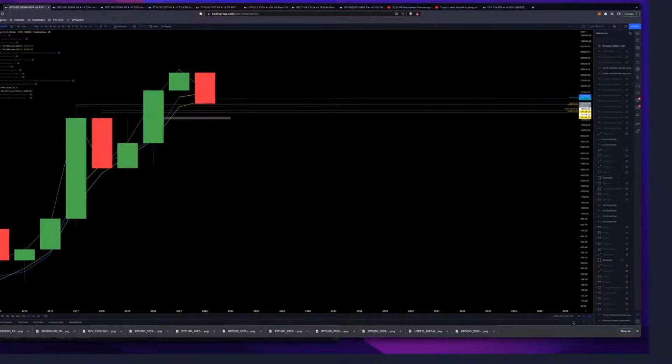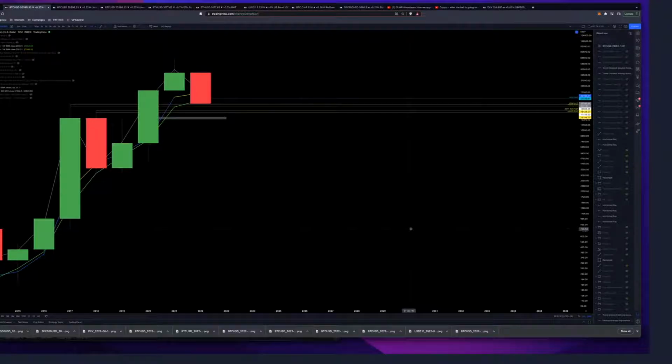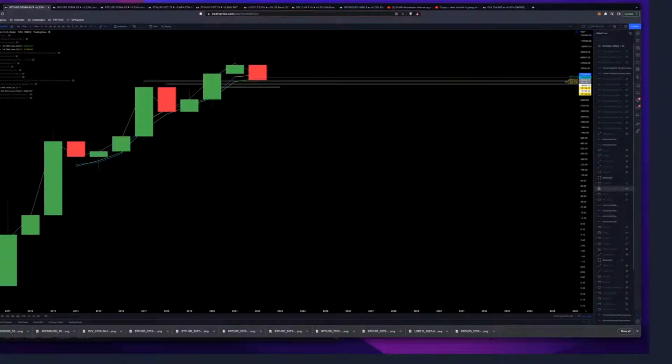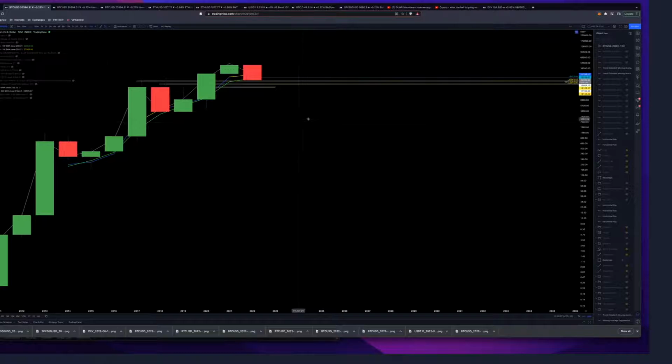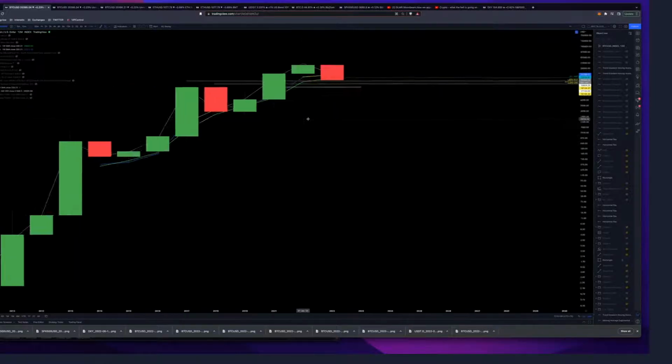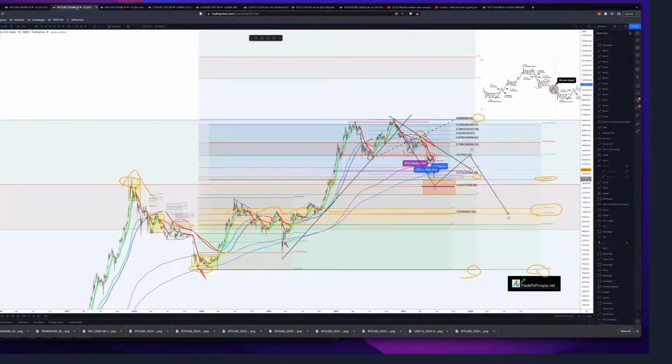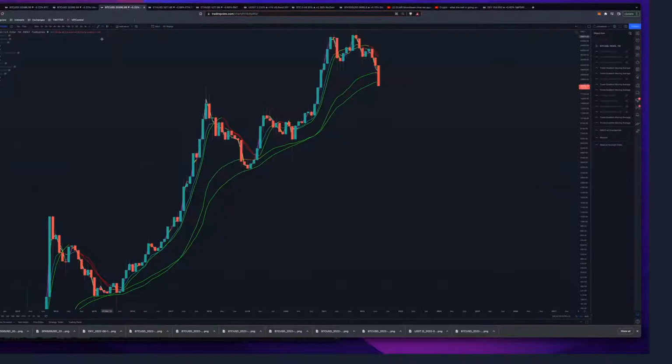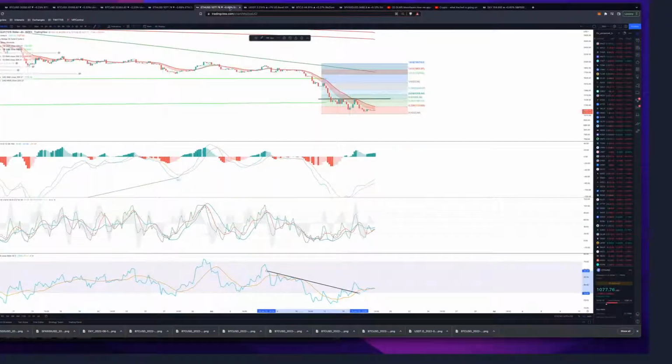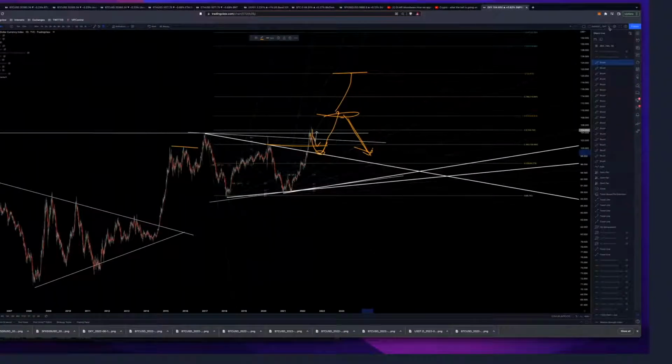Actually, okay. It's not the chart. I thought it was a chart. It's definitely not this one. All right, let's look for it.